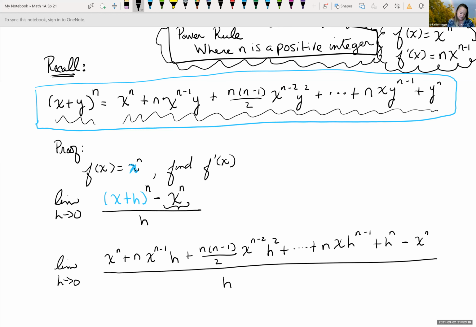So if you look at this, our x to the n minus x to the n, those cancel out with each other.